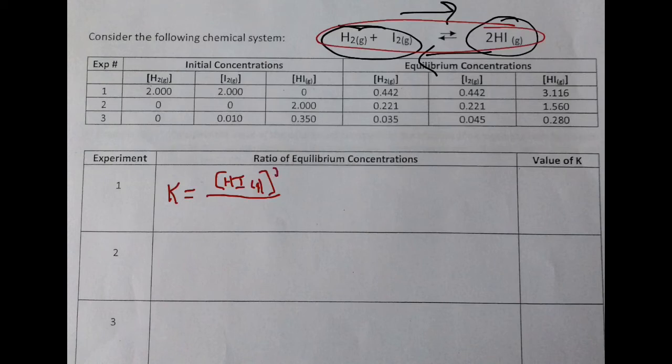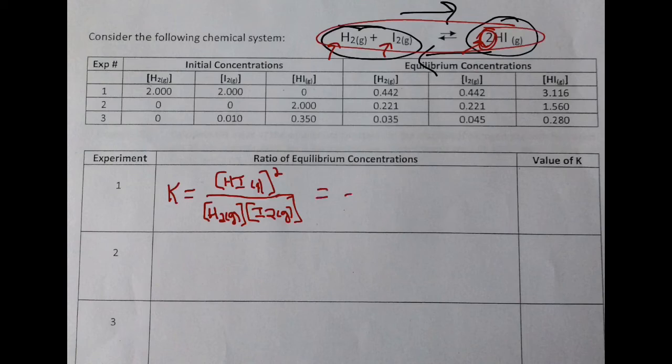And we're going to square that because there's a 2 coefficient. And then we're going to divide that by our reactant concentrations. So we have the hydrogen gas raised to the 1 because there's a 1 for a coefficient. And we're going to multiply that by the concentration of the iodine gas. It is also going to be raised to the 1 because there's a 1 coefficient.